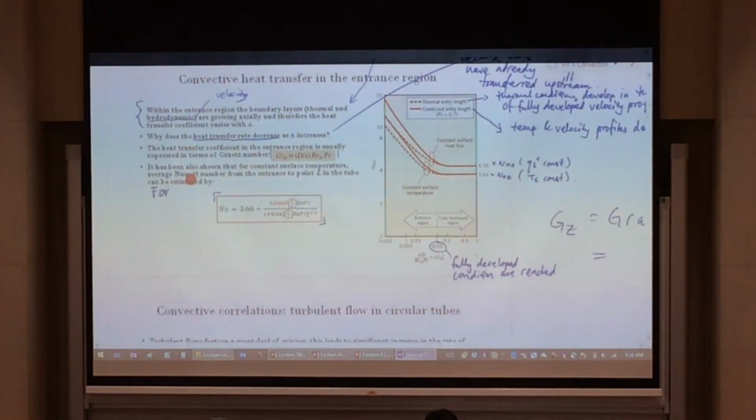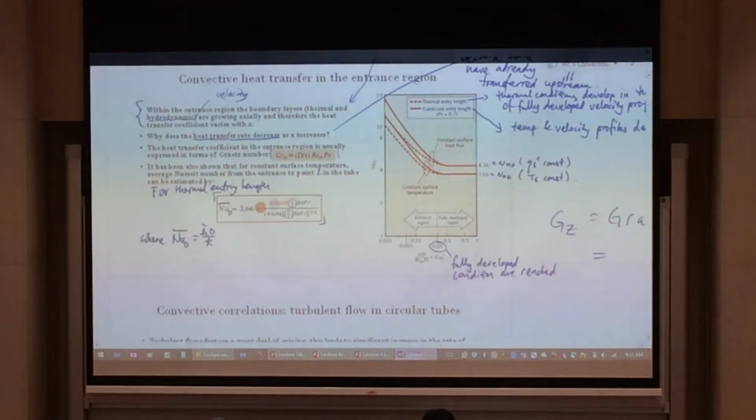It's actually for the thermal entry length, and rightfully there should be a D over here to say that this Nusselt number refers to the pipe system, and there should be an overbar over there to signify that it's an average Nusselt number, where you have seen before that Nusselt number is equal to hD divided by k.